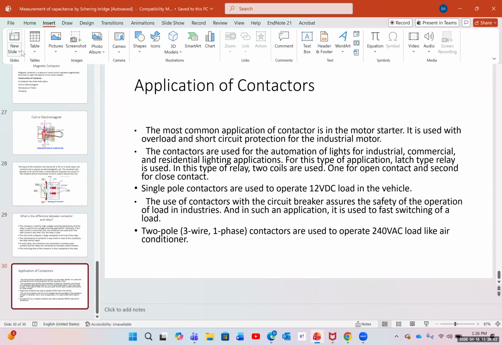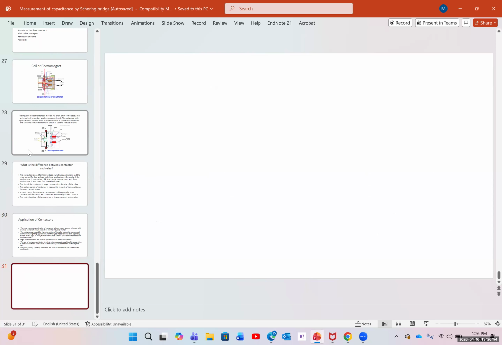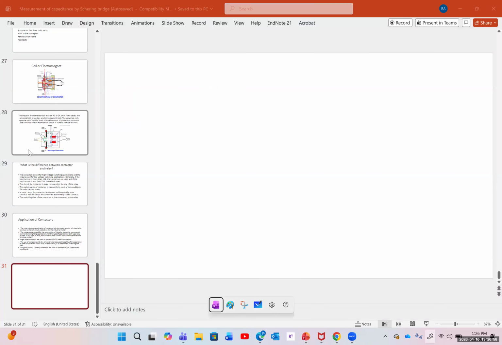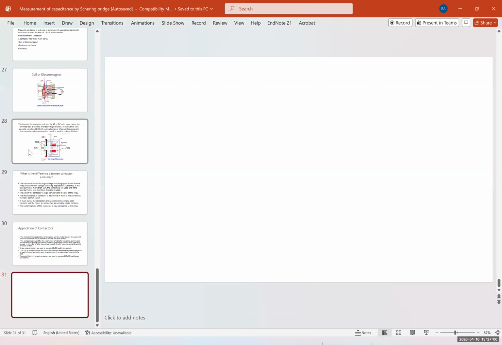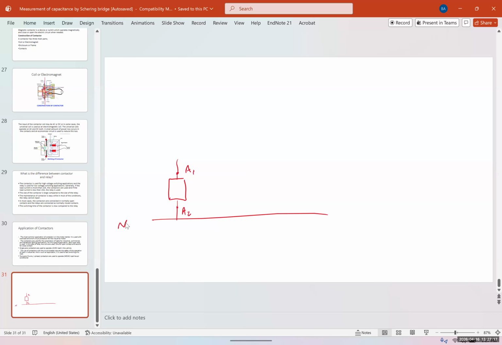I'm going to give you an example of a contactor control diagram. Usually the contactor, we show it like this. The magnetic coil, we show it like this. And this is going to be our A1, which is the input, and this is the A2, which is the output, usually connected to the neutral or ground.